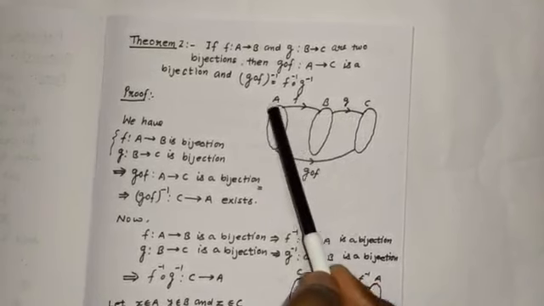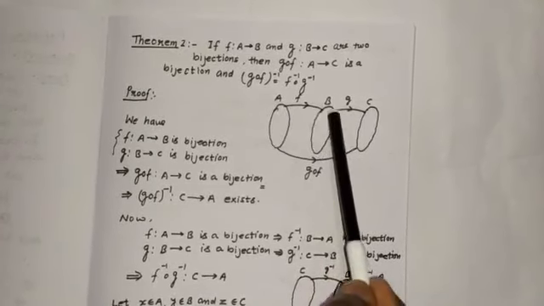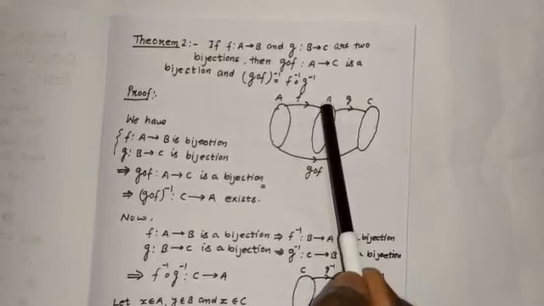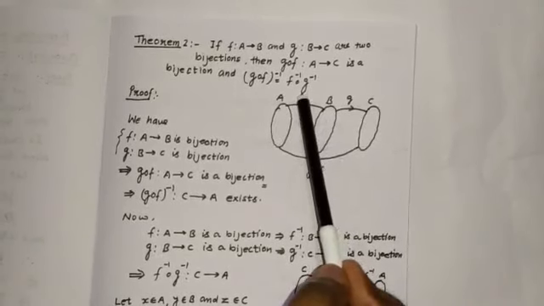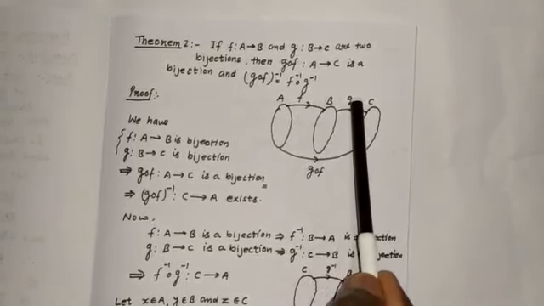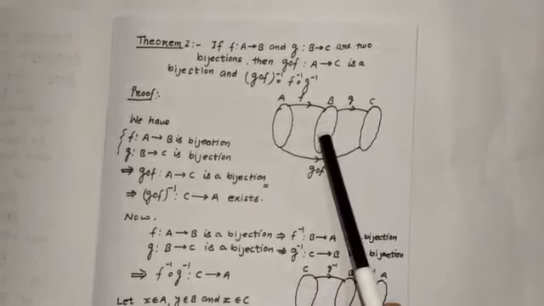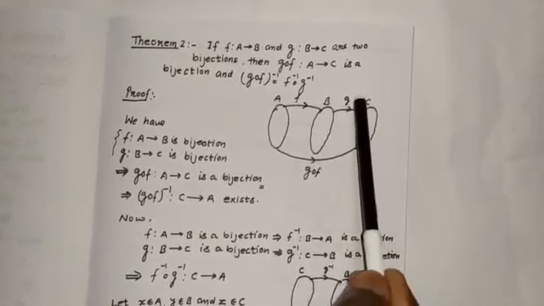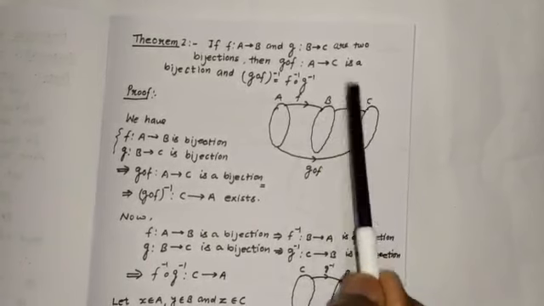It means every distinct element has distinct images here, and f is onto here. Onto means every element of set B is associated under f, and g is also one-one, meaning every distinct element is associated to a distinct element in set C, and g is also onto, it means every element of set C is associated under g.